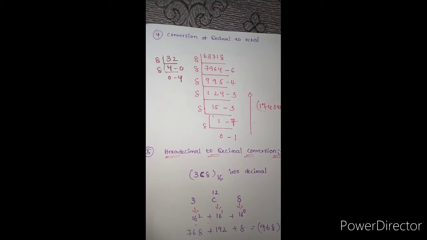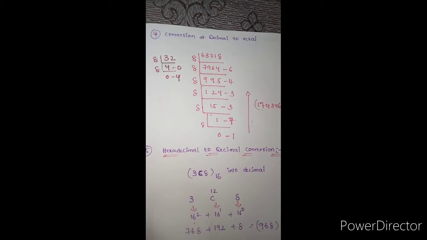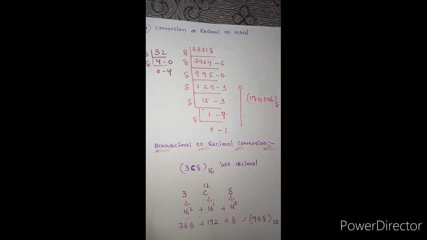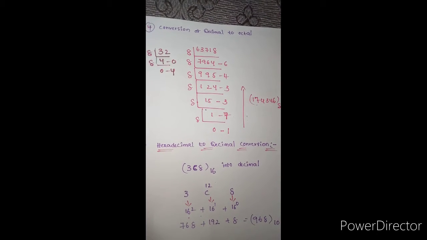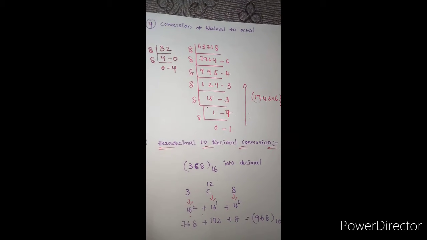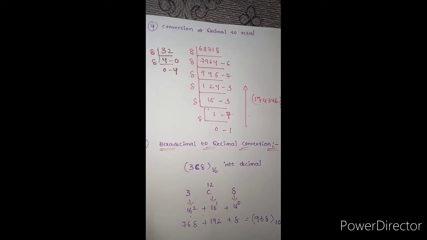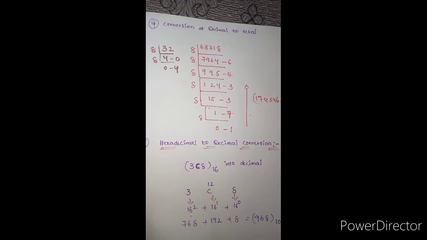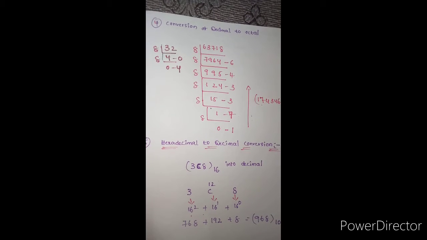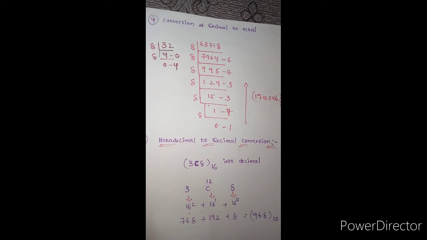Next one, conversion of decimal to octal. Decimal to octal conversion can be done by the double dabble method, by successively dividing by 8, giving successive remainders lying between 0 to 7. The remainders written in reverse order give the octal equivalent of the given decimal number.